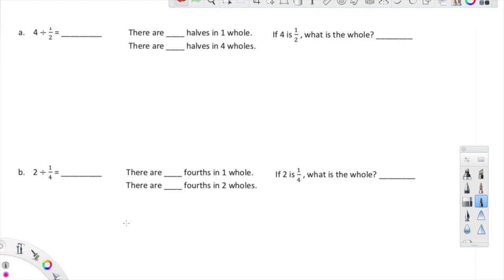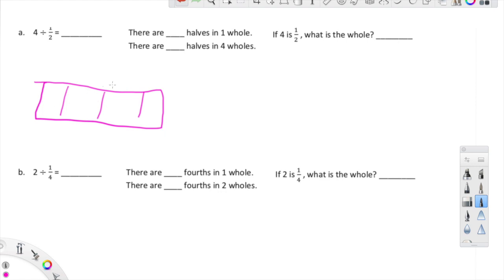Hi, everybody. So today we will be doing A, and A is 4 divided by 1/2. All right. So we are going to draw a tape diagram and put 4 equal marks in it. So 1, 2, 3, 4.